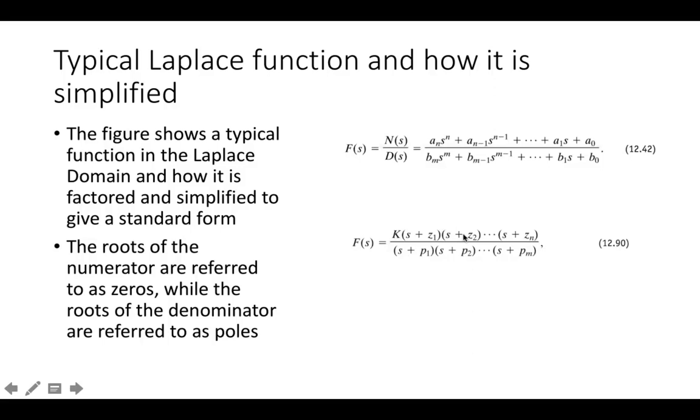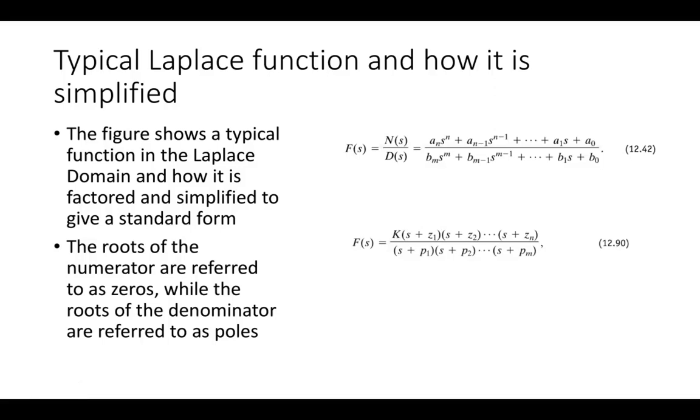The roots of the numerator are referred to as zeros, and the roots of the denominator are referred to as poles. So the poles of the function would be minus p1, minus p2, and so on. The zeros of the function would be minus z1, minus z2, and so on.